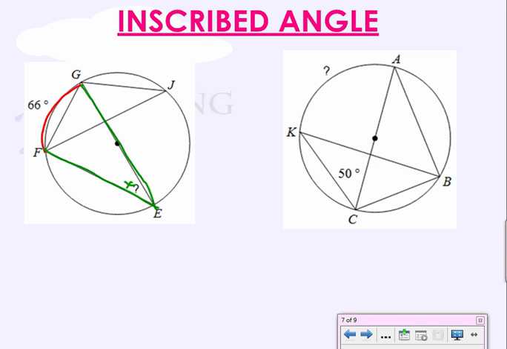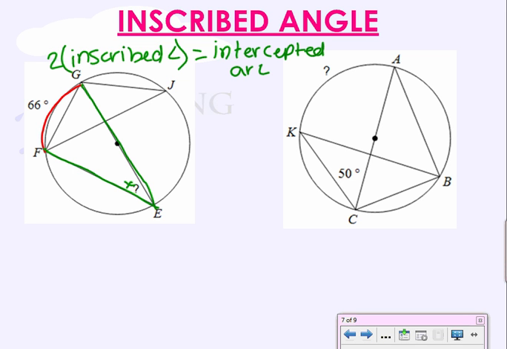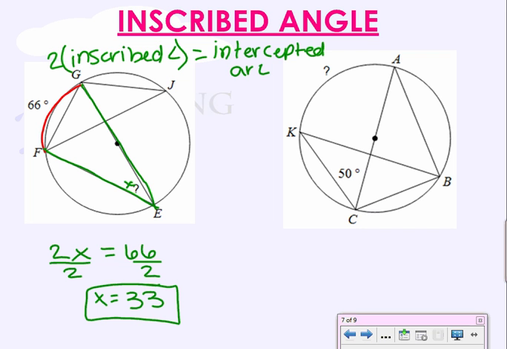So again, the formula for this is 2 times my inscribed angle is equal to my intercepted arc. So I have 2 times my x that I don't know, equaling 66. I'm going to divide both sides by 2, and I'll get my x value to be 33, which is indeed the measure of my inscribed angle.